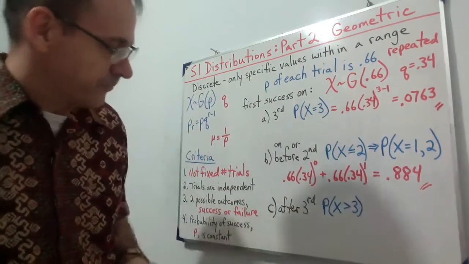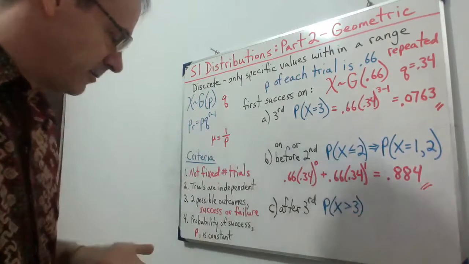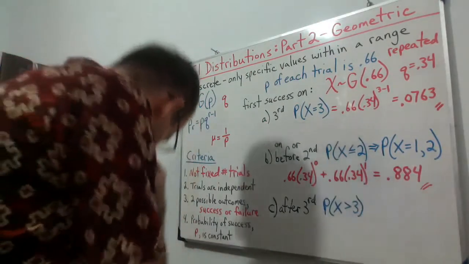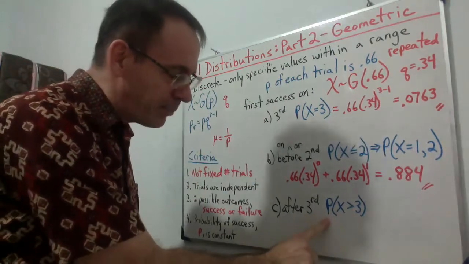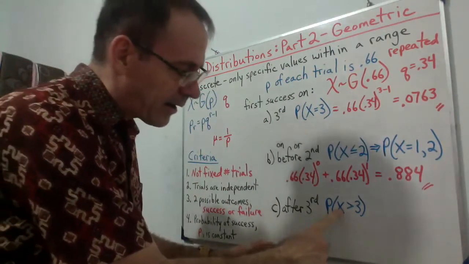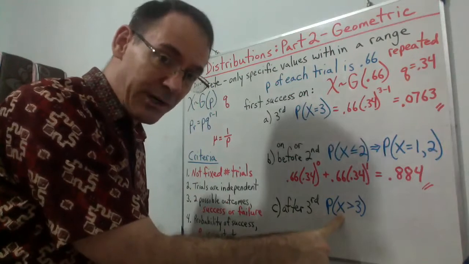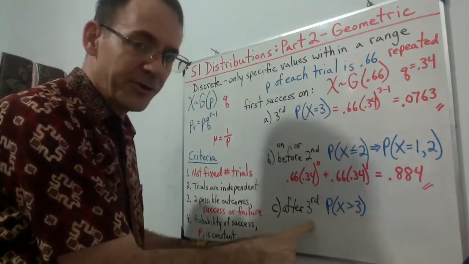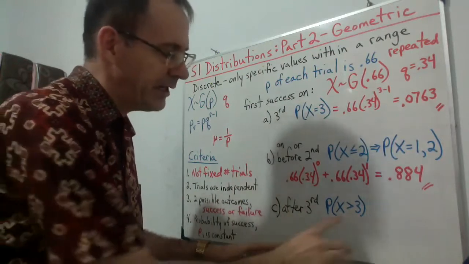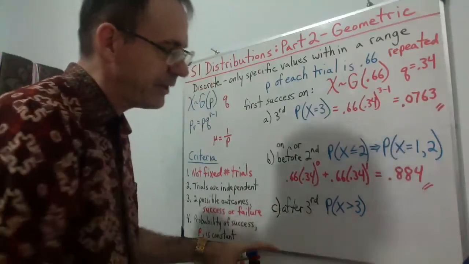So after the third trial, our probability that our random variable, which is the trial number, is greater than 3. After the third one does not include the 3, so we have greater than 3.